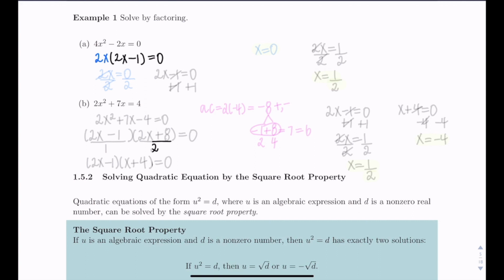So we just want to make sure that we set both pieces equal to 0. So we have 2x equals 0, and we've got 2x minus 1 equals 0. Our last step is to solve both of these equations. To solve the first one, we divide both sides by 2, and we end up with x equal to 0.